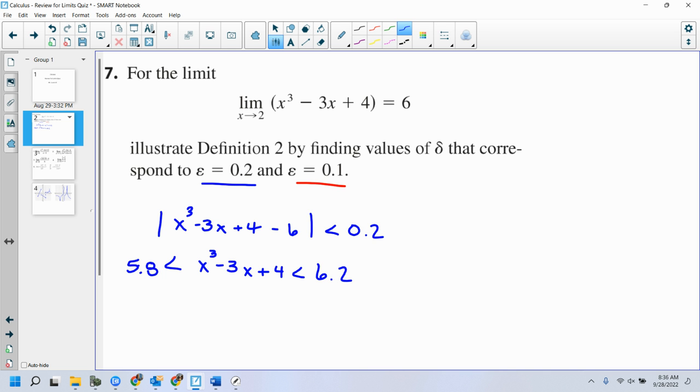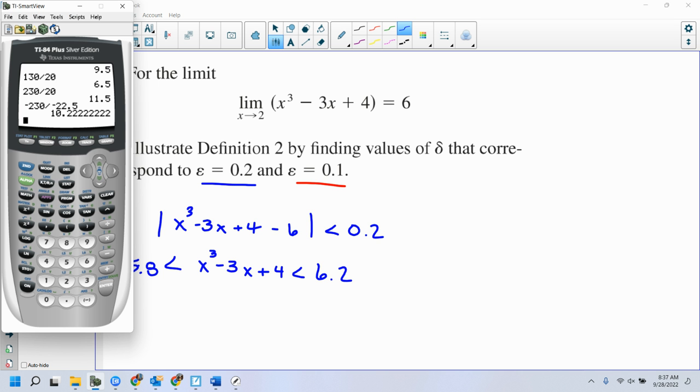Forgive me for skipping a couple steps there. I'm adding the 6 over and putting the 0.2 and the negative 0.2 on either side. But that's truly what this epsilon of 0.2 means. I'm adding the 6 here, that gives me my 6.2. There would be a negative 0.2 on the other side, and if I add 6 to that, it's 5.8. So I've got 5.8 is less than x cubed minus 3x plus 4 is less than 6.2. Okay, so those are the values that I'm going to be looking for.